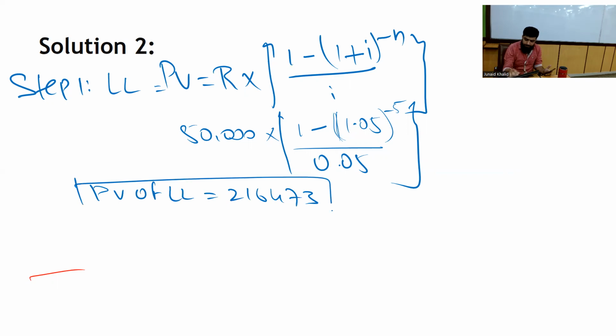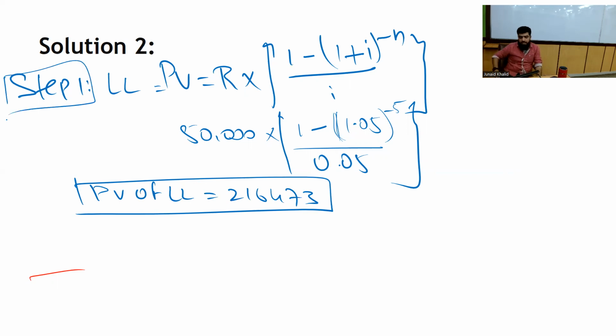That was not given in the question. So step number one, the present value of lease liability, is calculated.